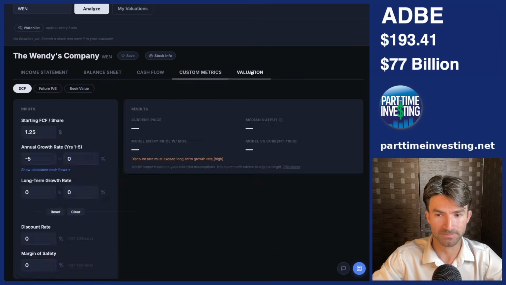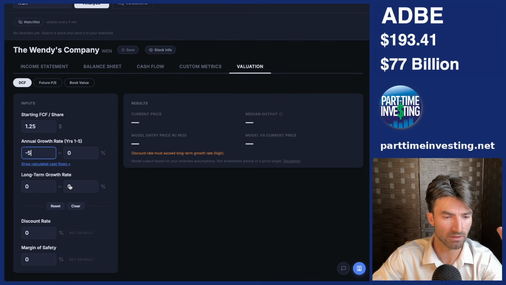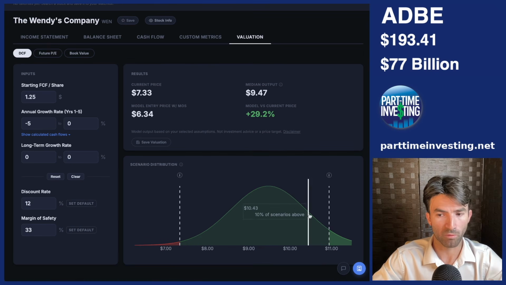And then lastly, 3 separate valuation tabs. So you can, like the DCF, and the DCF I love because the way that we have it calculated right now is whenever you put in your discount rate and your margin of safety, it spits out a normal distribution. So it runs a simulation between all these values that you put.